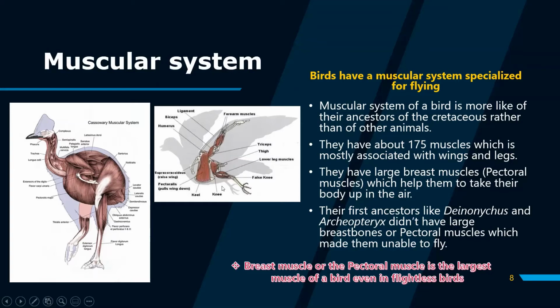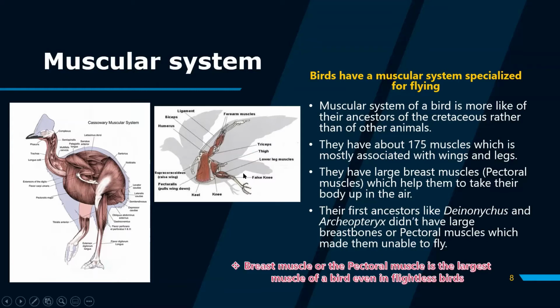The reason why it is so large in modern birds is because it is very useful in flying, because they have to flap their wings all the time to go through long distances, so they need large breast muscles.